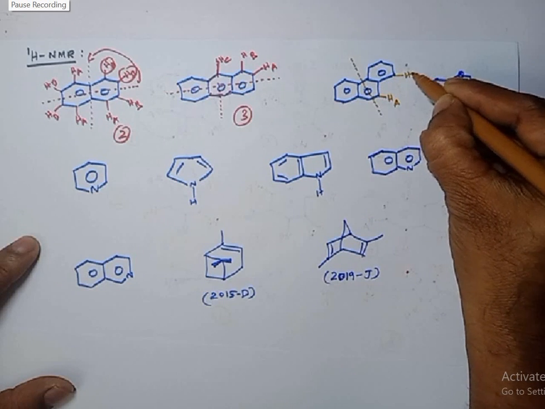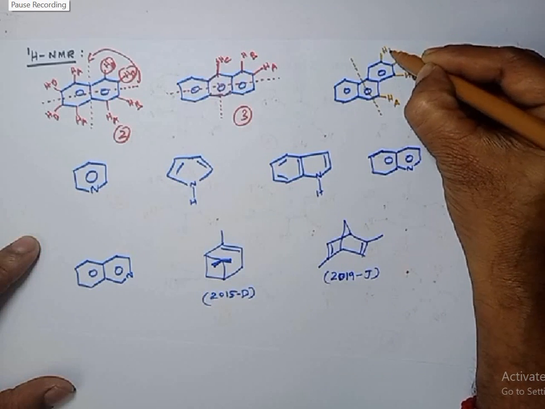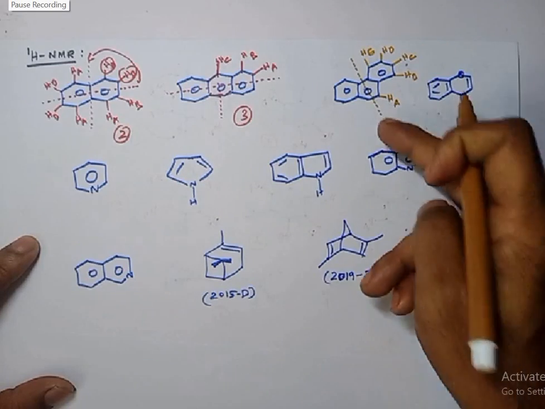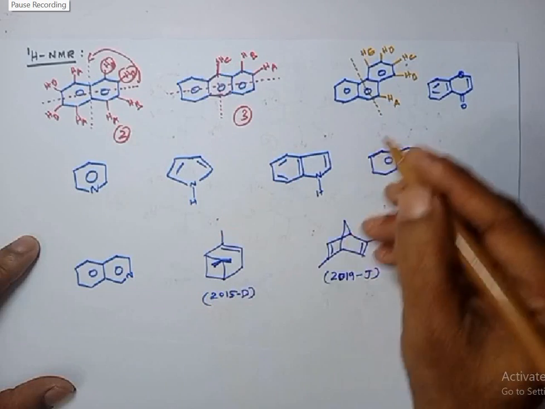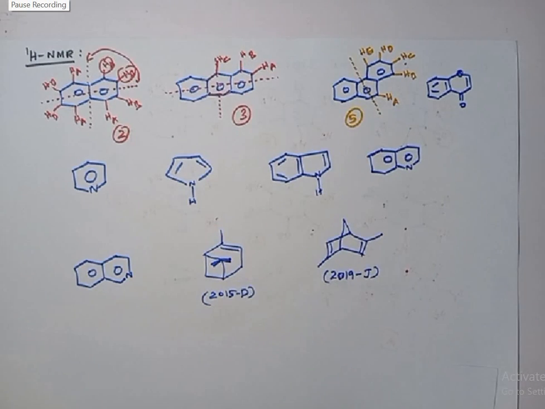Here I have one proton HB, here one proton HC, here one proton HD, and here another proton HE. So I have 5 protons on this side. Similarly, these 5 protons are equivalent. So phenanthrene has 5 different protons, therefore it gives 5 signals in the proton NMR spectrum.